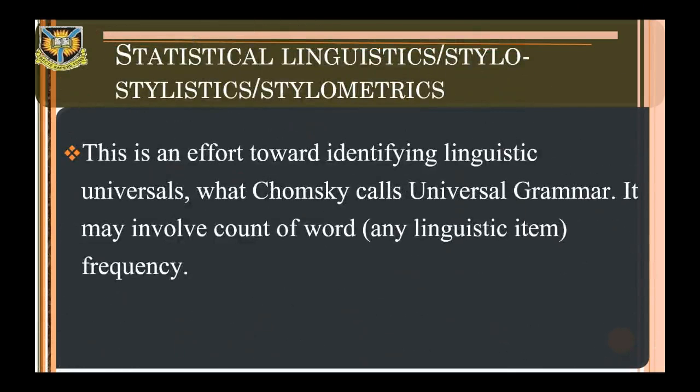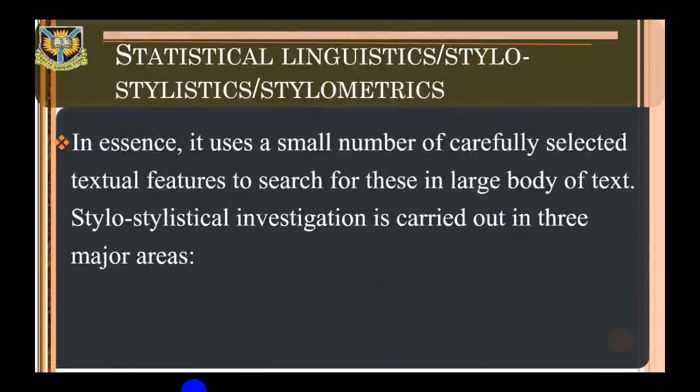This is an effort towards identifying linguistic universals, what Chomsky calls universal grammar. It may involve a count of words, or any linguistic item frequency. In essence, it uses a small number of carefully selected textual features to search for these in a large body of text.